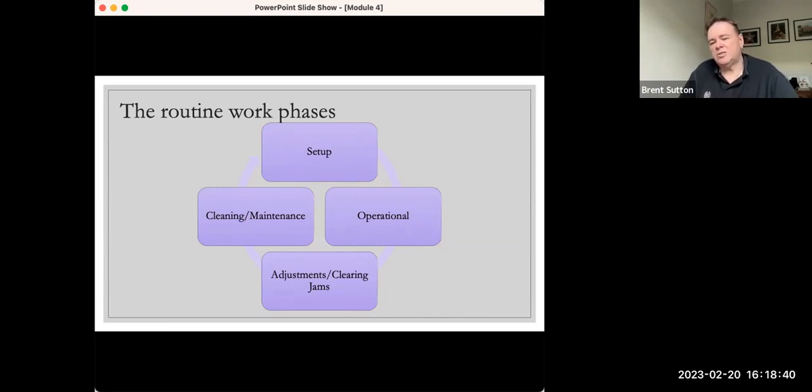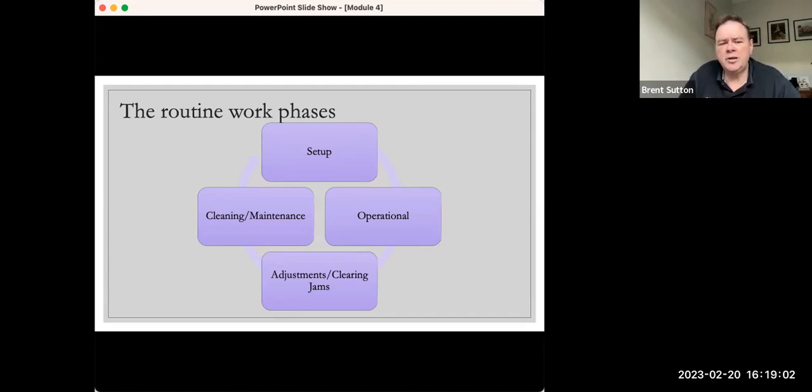Then there's the operational stuff, or what we'll call normal work. So when people are doing their normal work, their routine work around that machine, that is when we're at risk around those natural human components that you might call complacency or distraction or other human factors. But it's just how people operate with the machine.